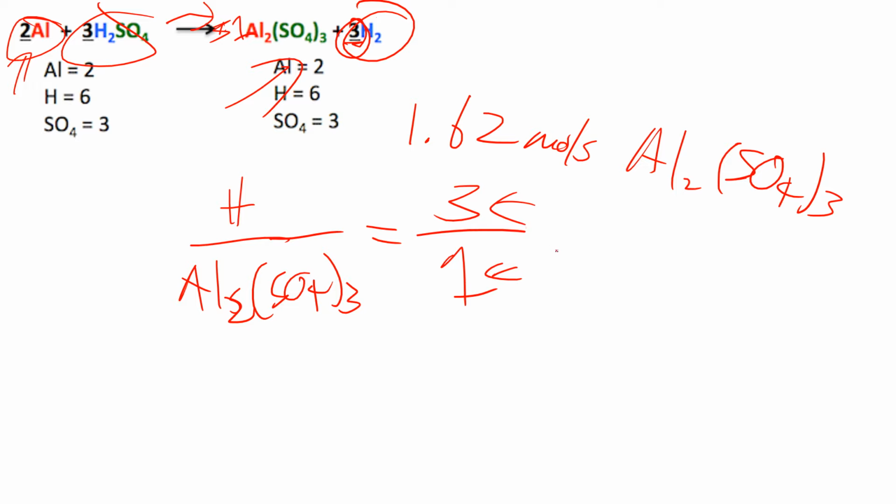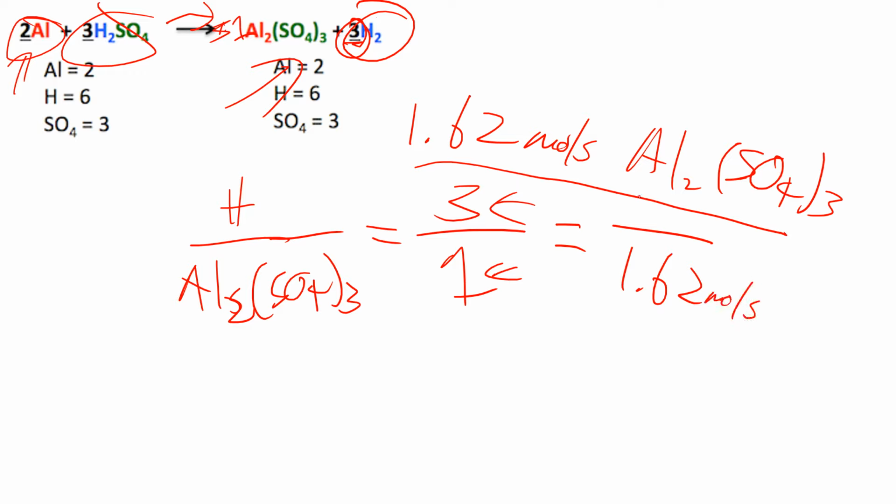We need to figure out how many we produce. Well, we produced 1.62 moles of aluminum sulfate, and we want to figure out how many moles of hydrogen we produced. So use your calculator. We get 4.86.